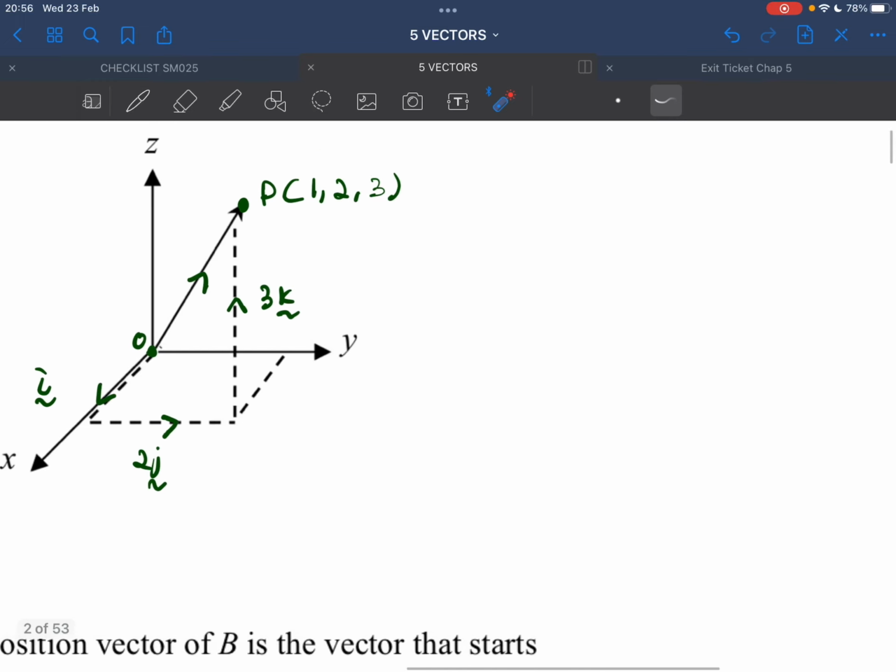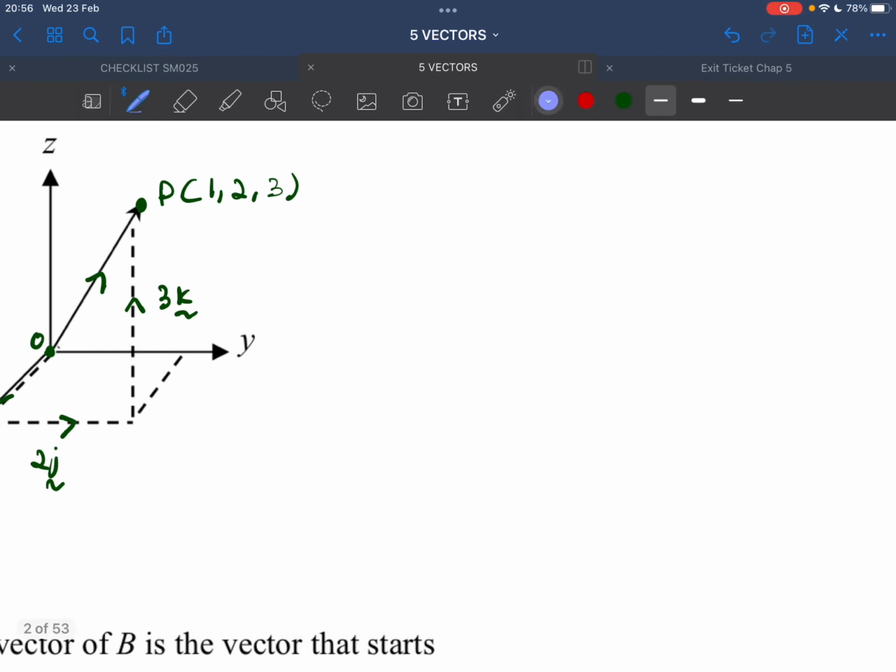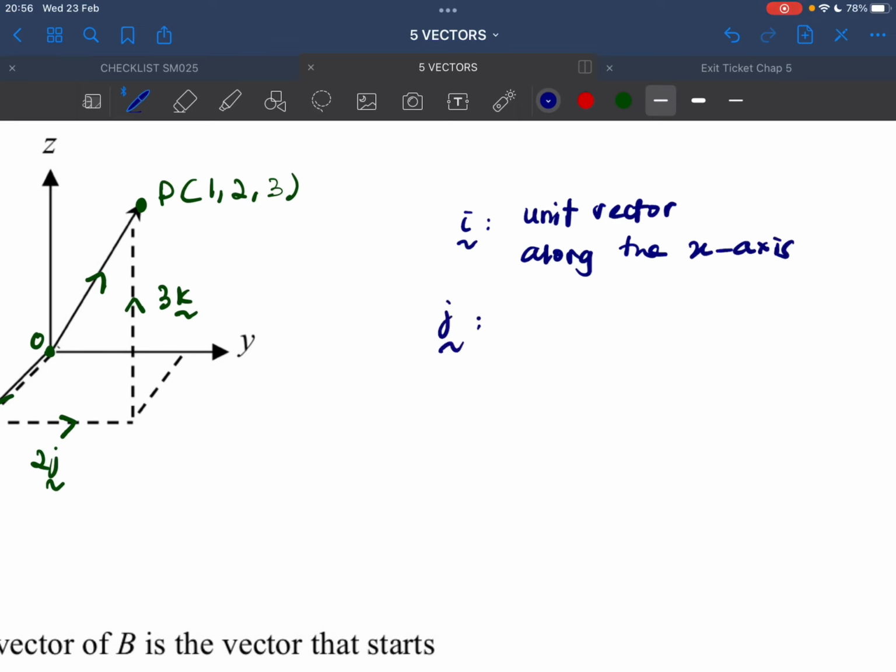Let's conclude that i is actually the unit vector along the x-axis, j is the unit vector along the y-axis, and the same thing for k, the unit vector along the z-axis.